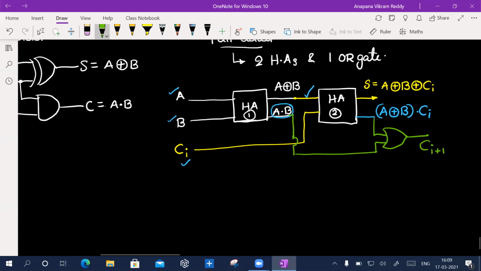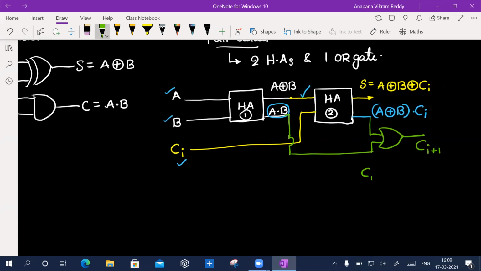Now what is CI plus 1? The actual carry CI plus 1 is A exclusive OR B and CI, or A and B. Agree?